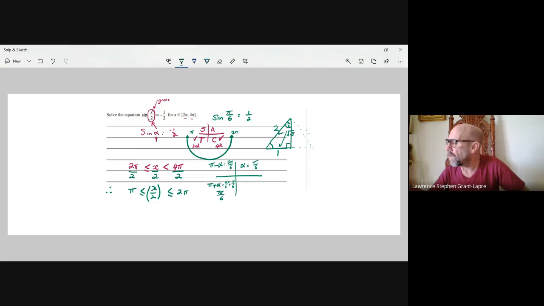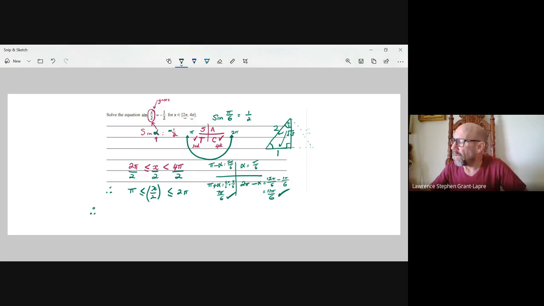And the fourth quadrant is 2 pi minus that acute angle, which is 12 pi over 6 minus 1 pi over 6 equals 11 pi over 6. Our two angles we're dealing with to equal -1/2 are 7 pi over 6 and 11 pi over 6.